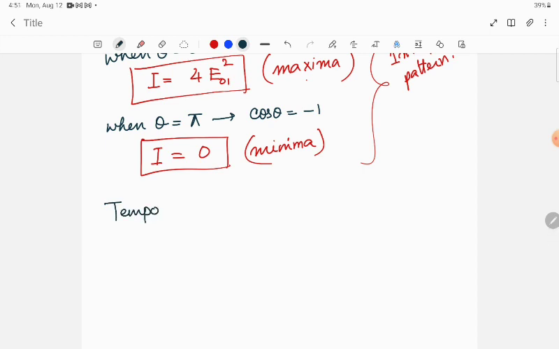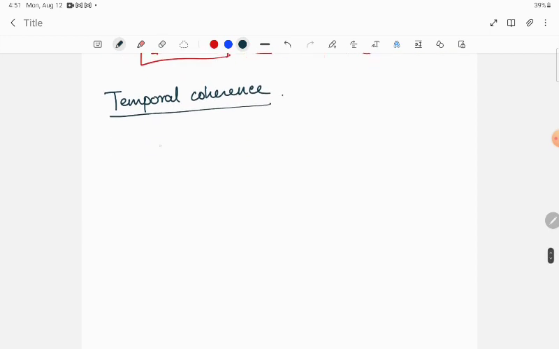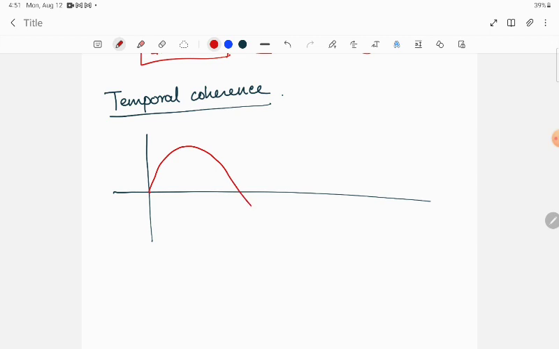So temporal coherence, what do I do here? Let's consider a situation where I have two waves again. One wave has a certain frequency, and the other wave has a slightly different frequency.